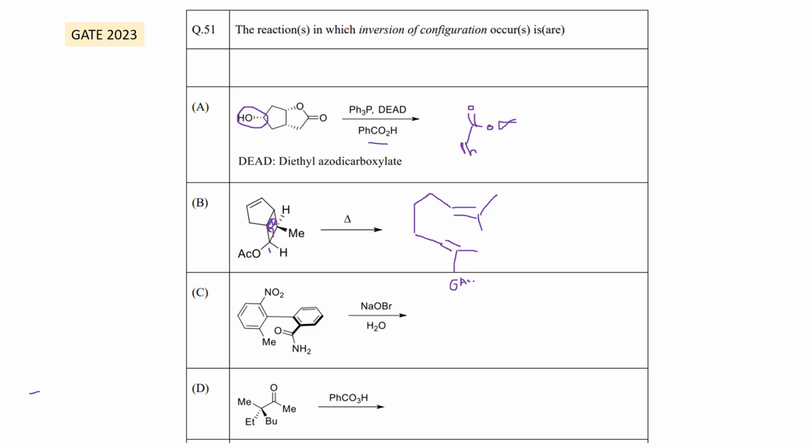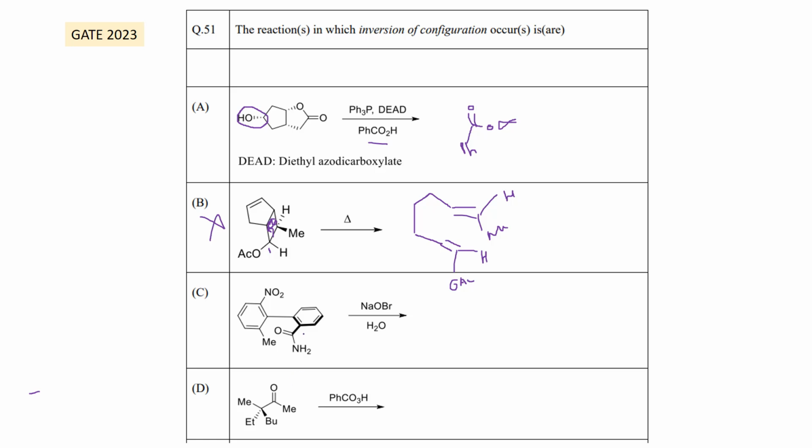There is no question of inversion of configuration, so this is already out from the options. There is no question of inversion of configuration. Which type of reaction is this? This is the Hofmann degradation reaction.